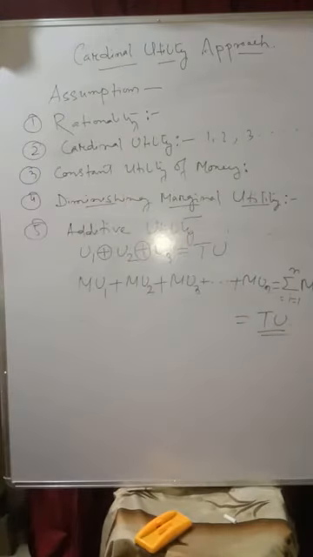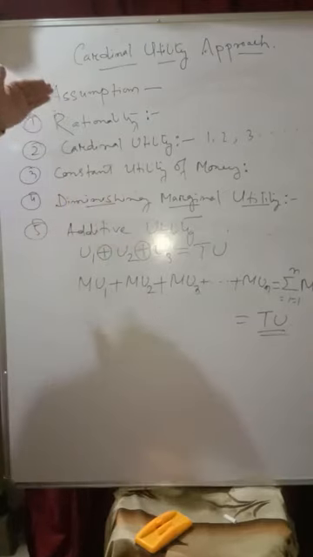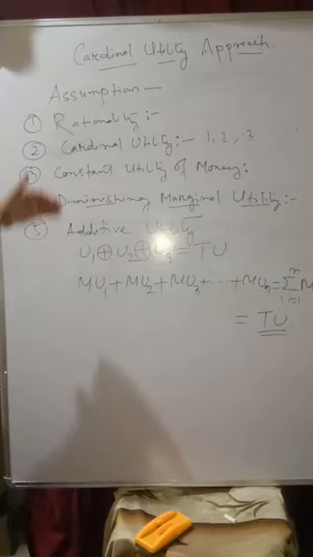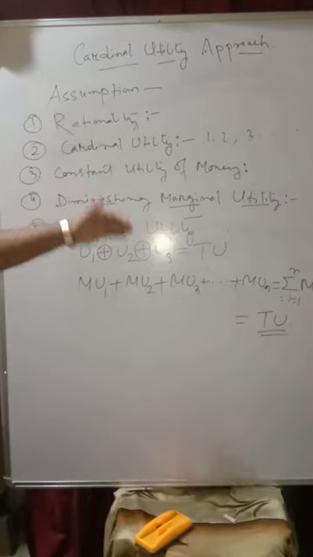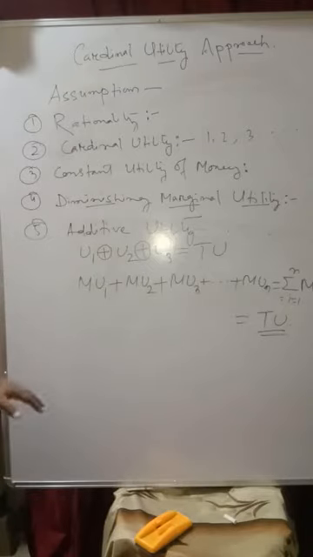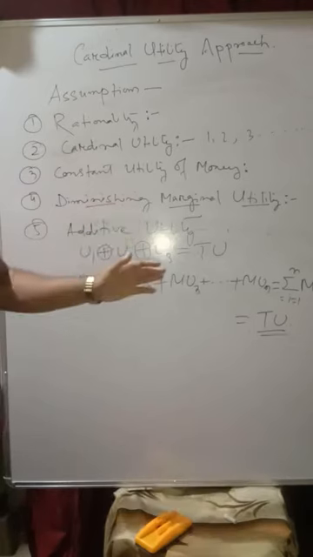So utility can be added together to derive your total level of satisfaction. These are the different assumptions: rationality of the consumer, cardinal utility assumption, constant utility of money, diminishing marginal utility, additive utility. All these are the assumptions under the cardinal utility approach.